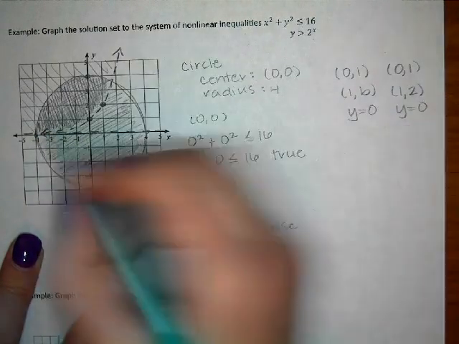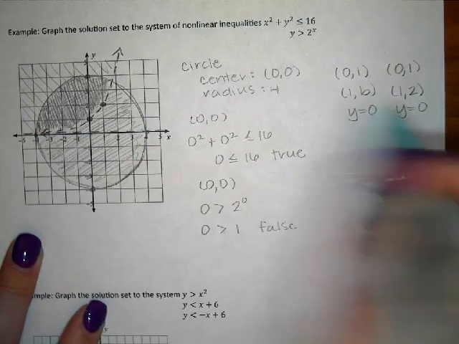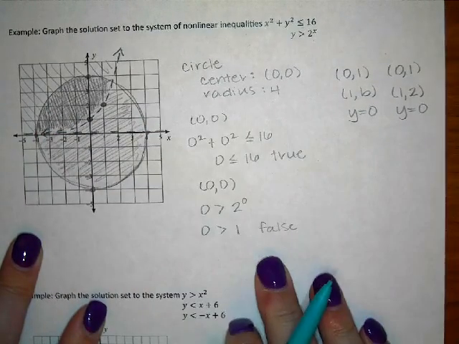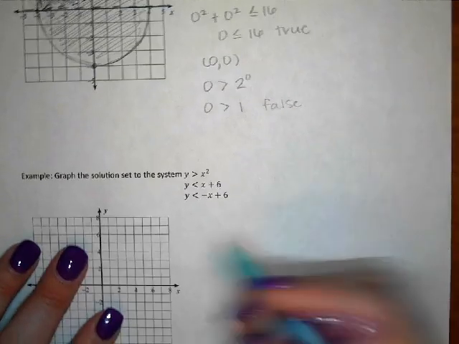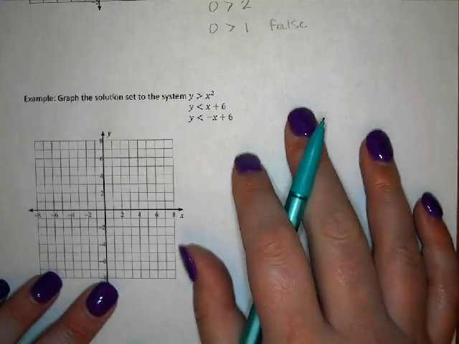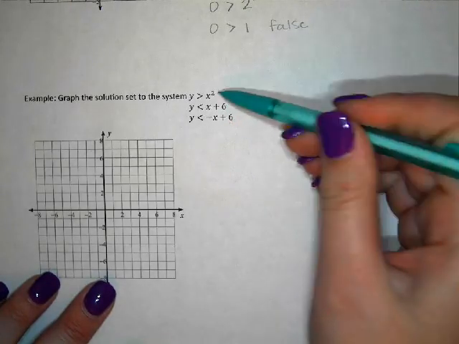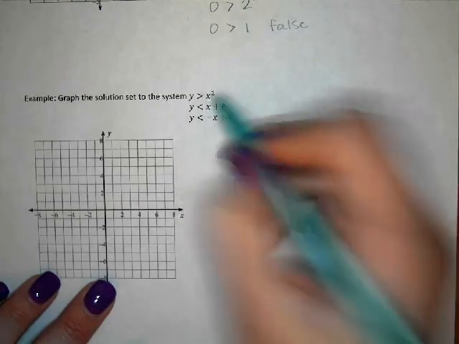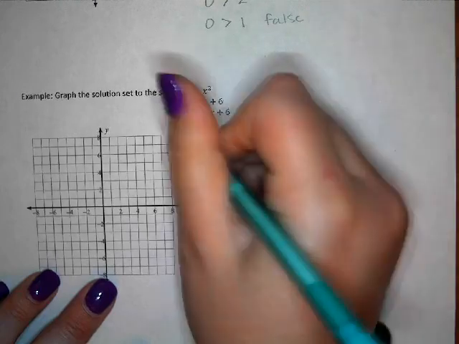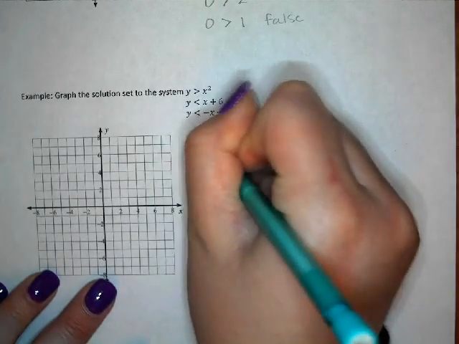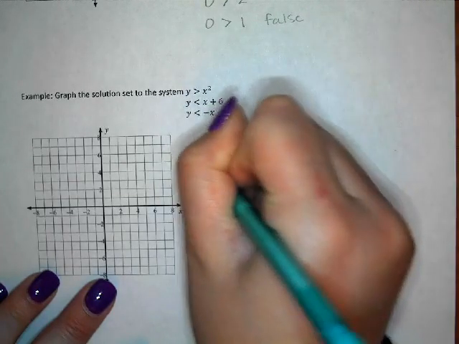Okay, one last problem. We have 2 linear inequalities and then one that's a parabola. So I'm going to go ahead and do the parabola first. We know that the points for a parabola are (-2, 4), (-1, 1), (0, 0), (1, 1), and (2, 4).